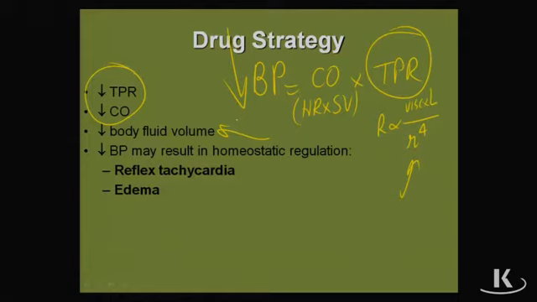As you do this, you would work primarily on the preload more than the afterload, and as such still diminish the amount of return flow to the heart and thereby decrease the cardiac output. Well, we'll talk of decreasing body fluid volume with the diuretics, and this will be a section on its own, since there are so many things to discuss about the diuretics, their uses and their side effects.